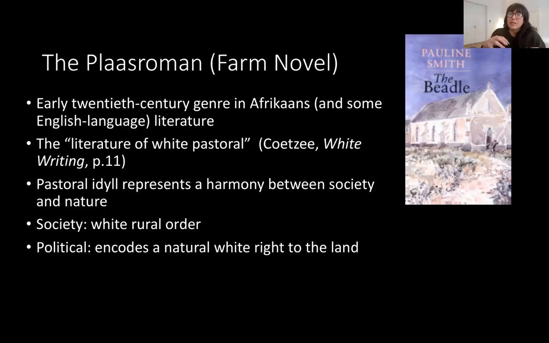The society in question in these narratives, in the Plaasroman, is a white rural order. And this is why it is political. So in representing a white rural order in harmony with the natural world, the pastoral encodes or naturalizes a white rural order. I'm hoping that this makes sense. You can ask me questions about this. Specifically, the pastoral encodes a natural white right to the land.